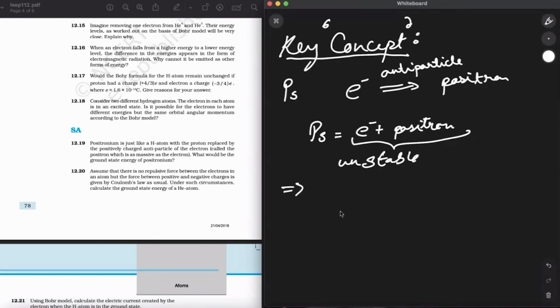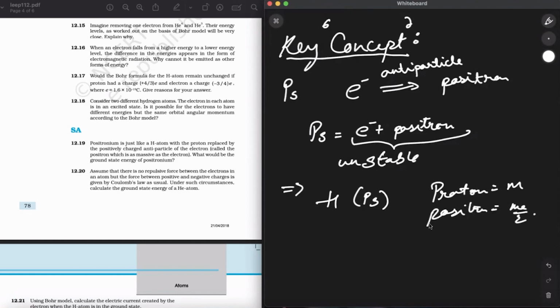So, as in the hydrogen atom, in the positronium atom PS the proton is replaced by a positron. A proton has a mass m and a positron has a mass me.